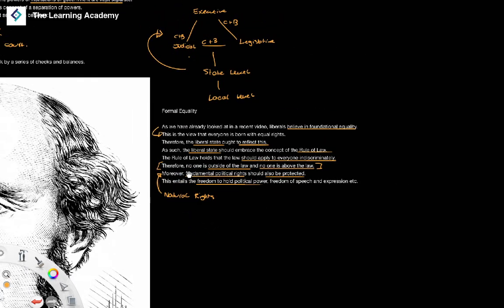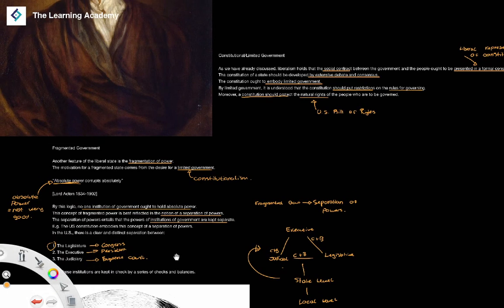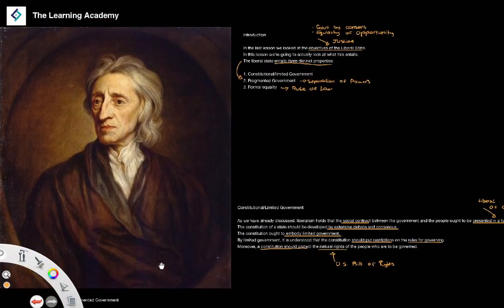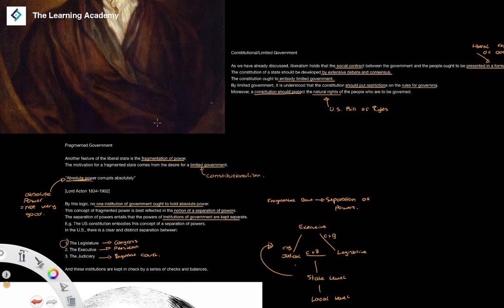So with these three principles, we find that we have a very good representation of what a liberal state looks like. We have a state based around a constitution, which sets out the relationship between the people and the state. That constitution also limits the powers of government, okay, and protects the natural rights of individuals.